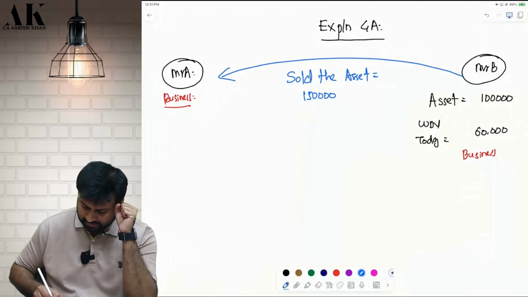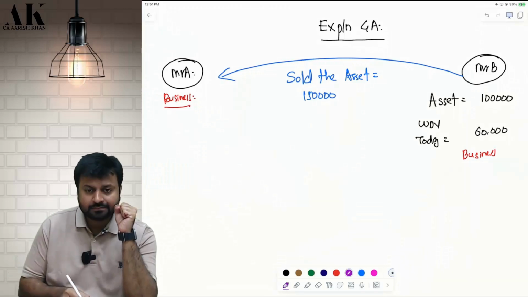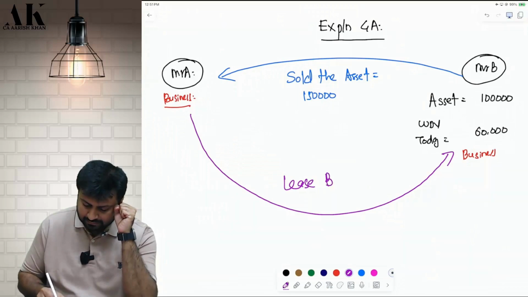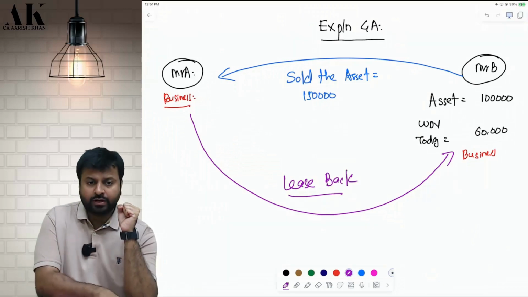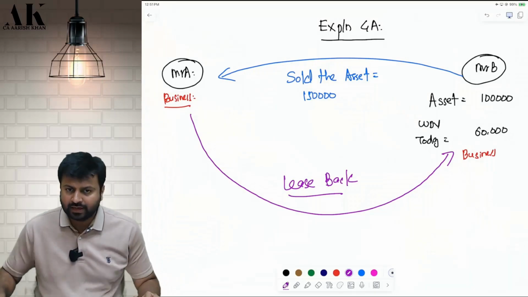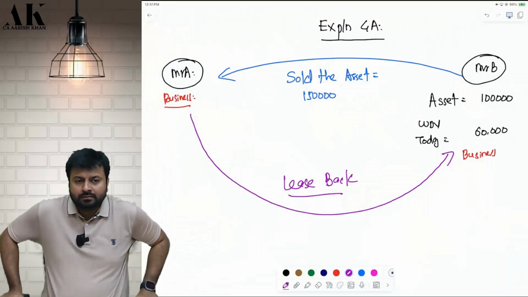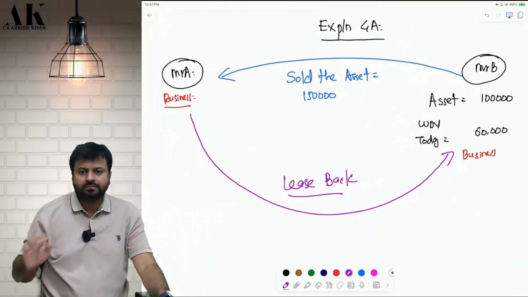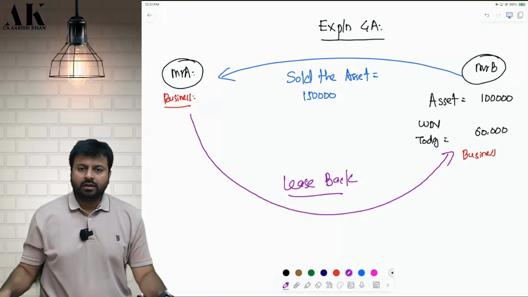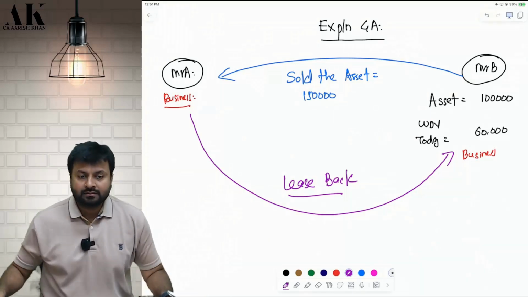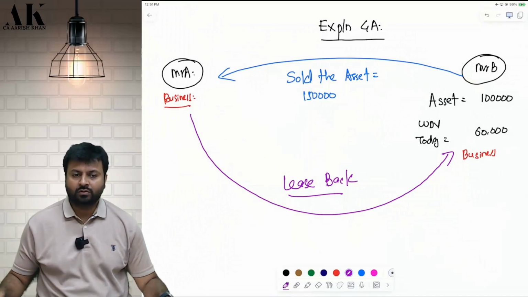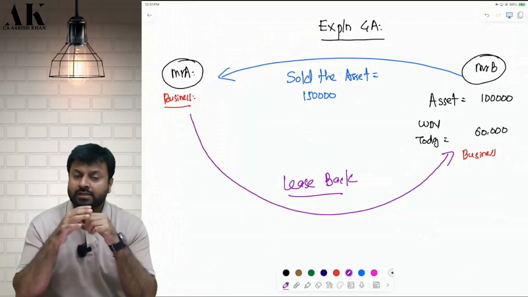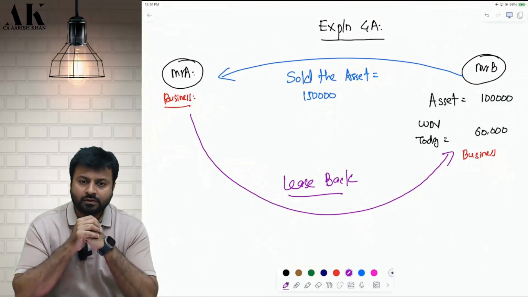Now what Mr. A is doing, after buying the asset, he leased back the asset to Mr. B. See what kind of activity is happening over here. First I am buying an old asset from you, and then I'm giving it back to you only on lease. So there is some kind of mischief going on over here to take tax advantage.